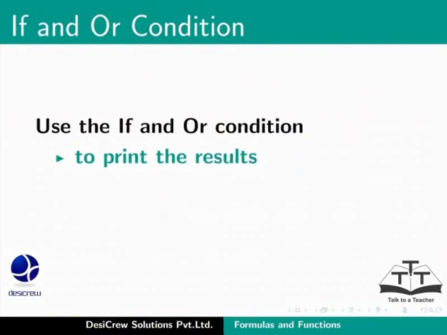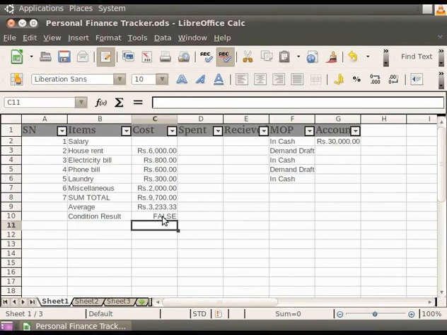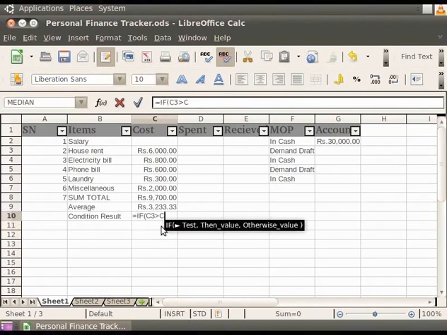You can also use the if and or condition on data to print the results according to the conditions that hold true. Let's click on the cell referenced as C10 and type is equal to if and within braces C3 greater than C4, comma, within double quotes, positive, comma, and again within double quotes, negative.